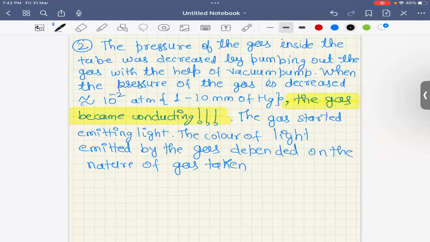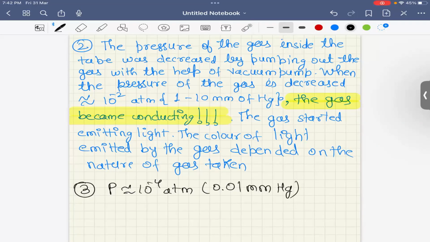Now when the pressure was reduced to again 10 raised to power minus 4 atm, which is around 0.01 mm of Hg, what they observed was that the glow in the tube stopped, but the gas continues to conduct the electricity, right?